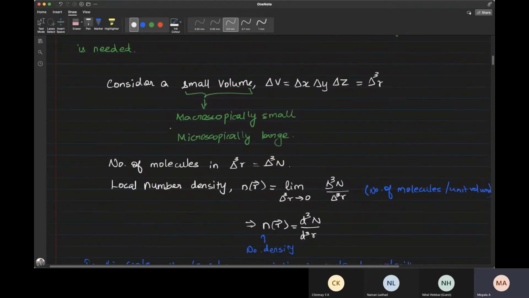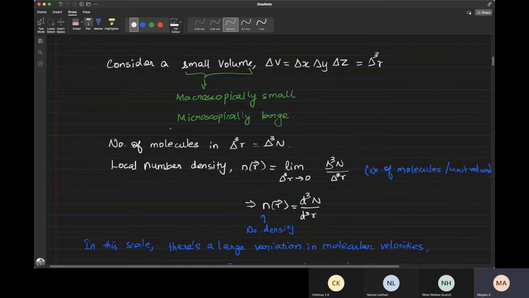So let us consider a small volume delta V, which is given by delta x, delta y, delta z in all three directions. If you just consider a spherical coordinate, it's going to be just delta cube r. So this small volume is actually macroscopically very small, but microscopically large. When I say it's macroscopically small, this volume doesn't satisfy the continuum hypothesis at the macroscopic level.